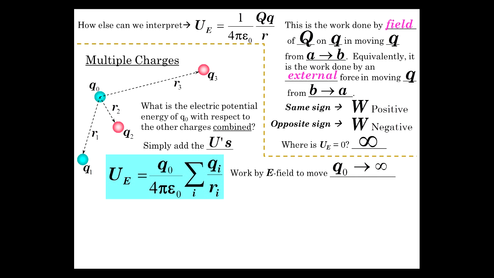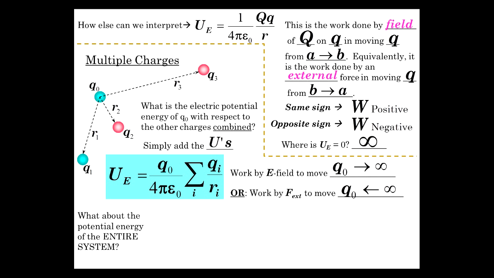Work by the E field to move Q0 to infinity is what that is. Or it's the work done by the external force to take the charge Q0 from infinity and move it all the way back into position. That'll be the same number corresponding to the same electric potential energy.